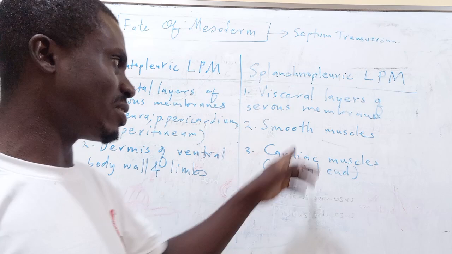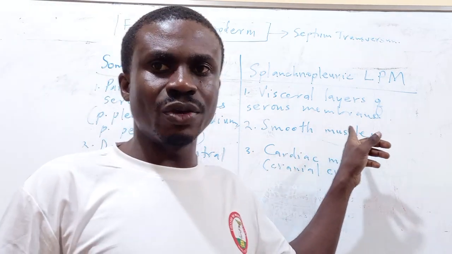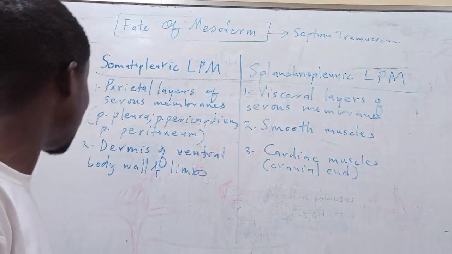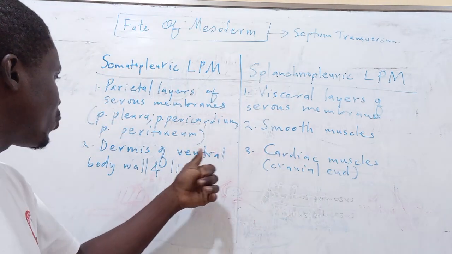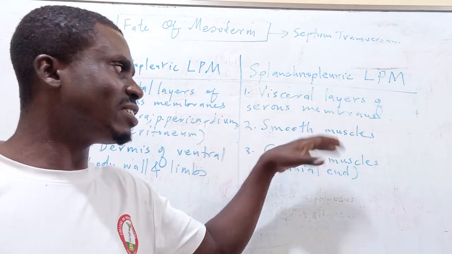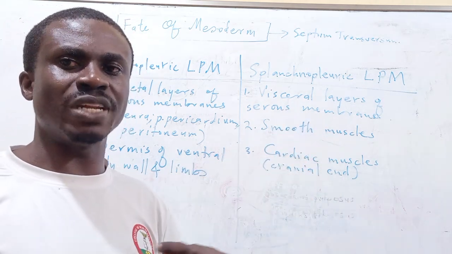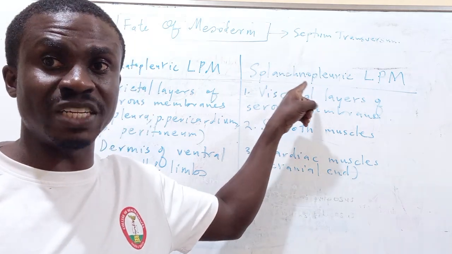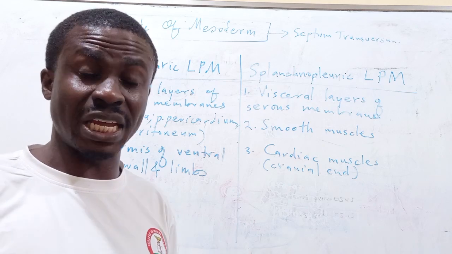Now, the smooth muscles, apart from the mammary glands, we may also talk about those of the sweat glands. They will also be relevant in that regard. The smooth muscles of the mammary glands and of the sweat glands will not be coming from lateral plate mesoderm, but rather from surface ectoderm.